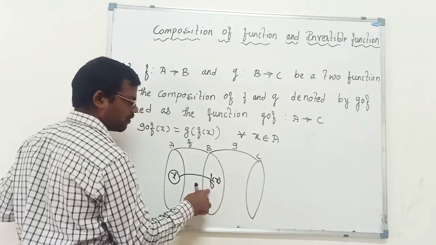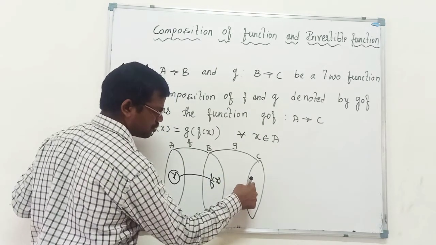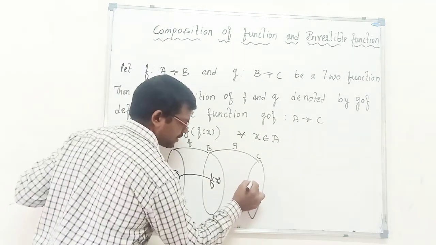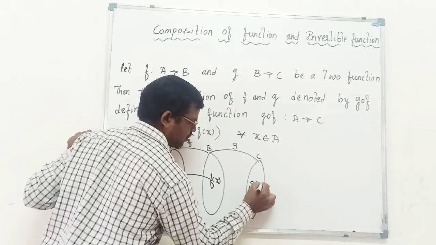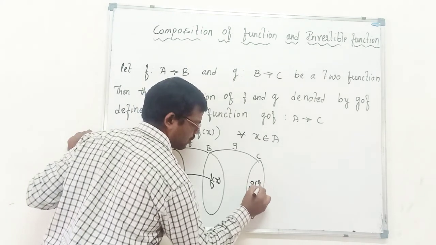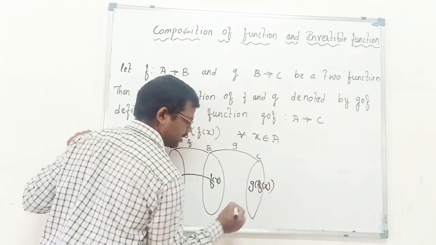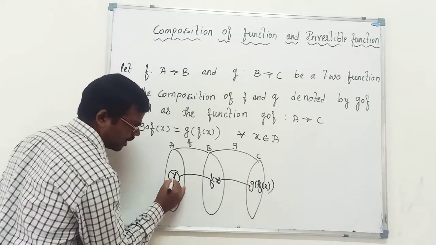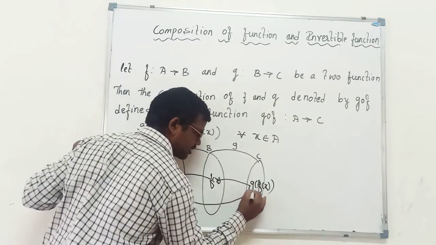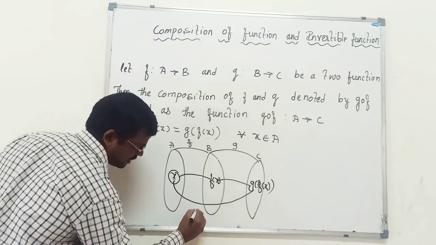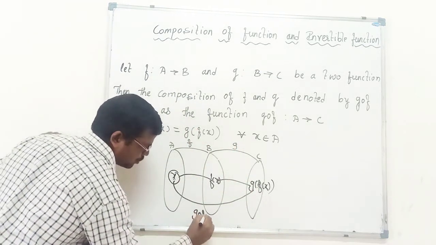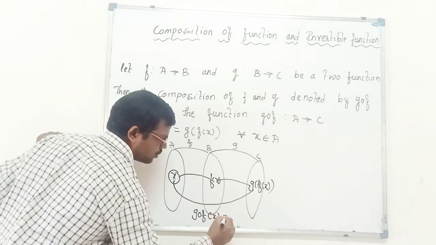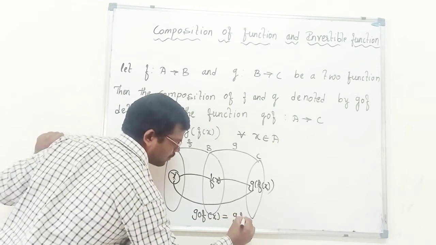For this f of x, we have the image of the function g here, that is g of f of x. Then for this element we automatically get the image here. So it is indicated by g composition f of x is equal to g of f of x.